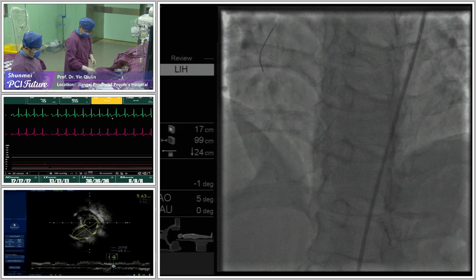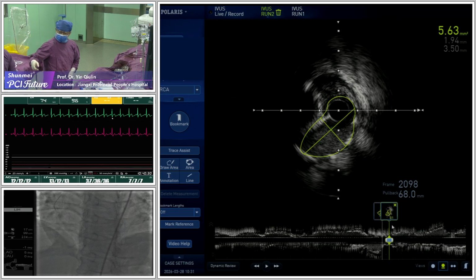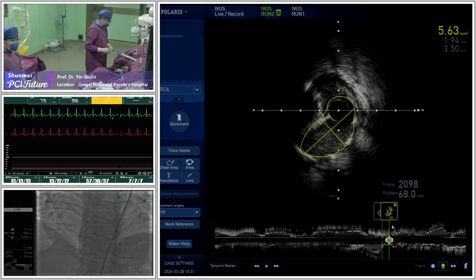Third, prediction of side branch compromise. A total of 1,946 bifurcation lesions in 1,893 patients were analyzed.